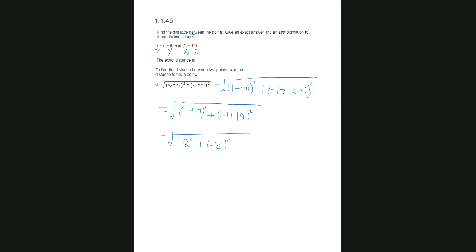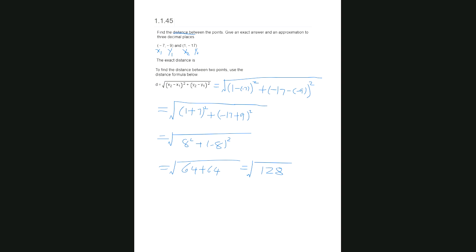Okay, the positive square is positive, so that's 64, plus the negative square is also positive, right? This is kind of -8 times -8, so it's also 64. Okay, so what do I get in here? I will get 128.